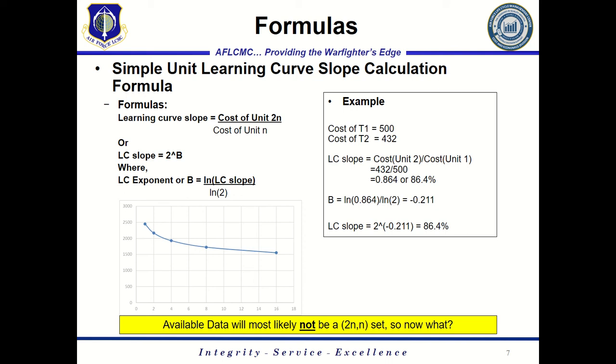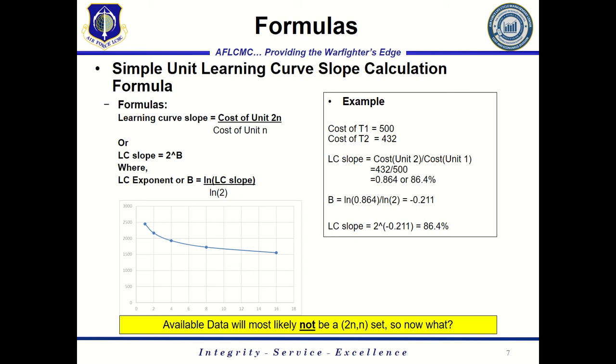This is how we calculate that slope. This is how we get that curve that you see in the picture. And then from there, you can convert it back to the percentage by raising 2 to the power of negative 0.211.